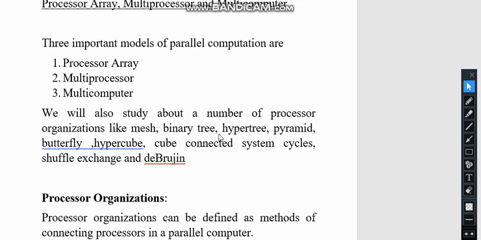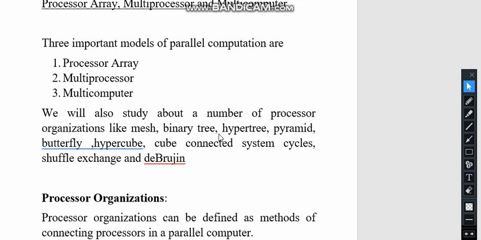We will study all these 9 networks in detail, how the processors are organized in each network, and whether these networks are useful or not. There are 4 different criteria through which we can evaluate the effectiveness of these processor organizations.